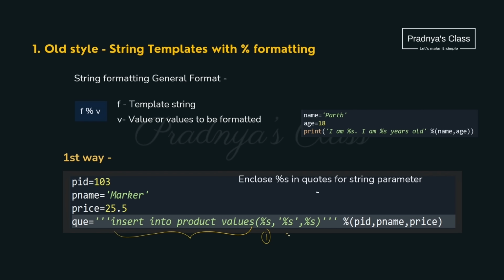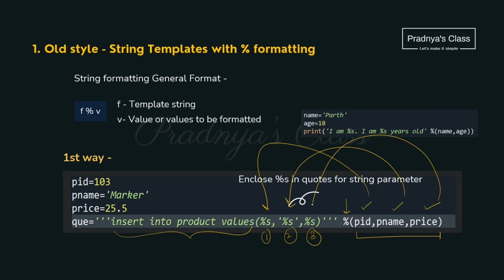There are 3 values we need to provide, so we write %s 3 times. After completing the query, we need to provide the variable names. Don't forget to write the % symbol. So here are PID, PName and price. The values will get replaced at the places where we have mentioned %s. In this way, with these values, one record will get inserted into the table.